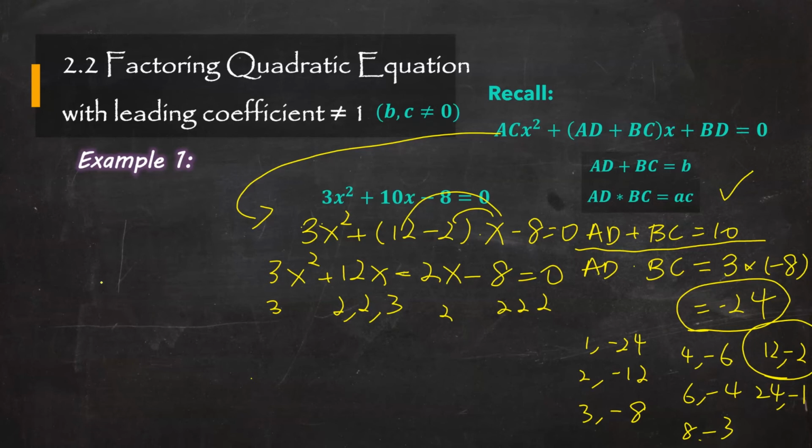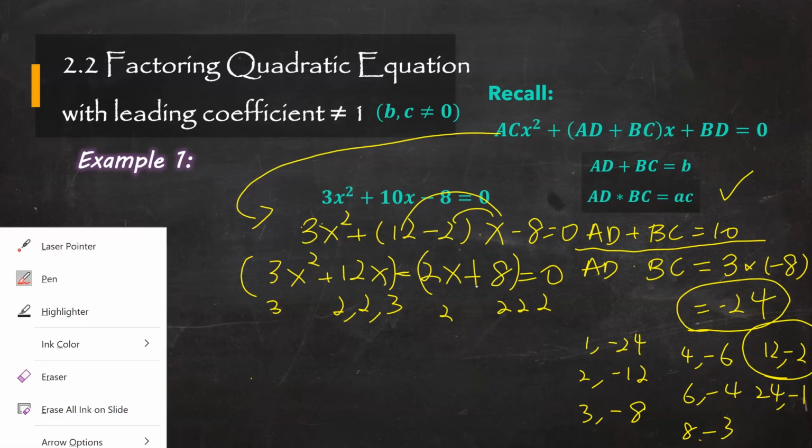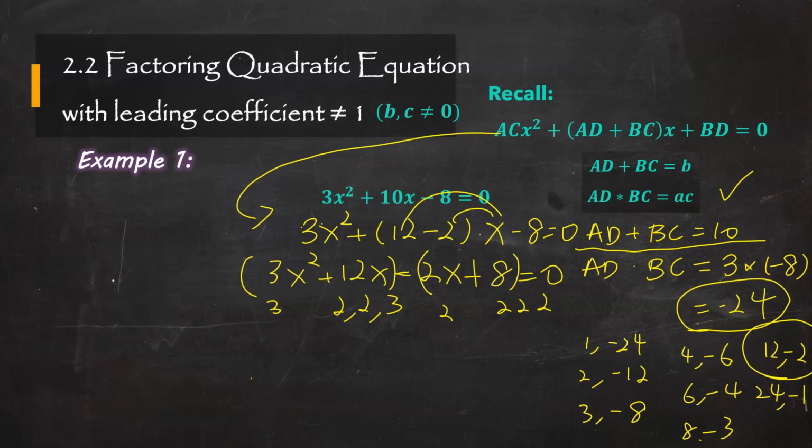So I will regroup the first two, since they have 3 in common, and the last two, they have a 2 in common. And also I have to change the sign here since it's a negative. Okay, so then I can pull out the 3x. So it's 3x times (x plus 4). And here I can pull out a 2, so this is 2 times (x plus 4).